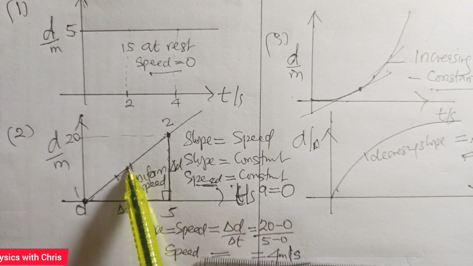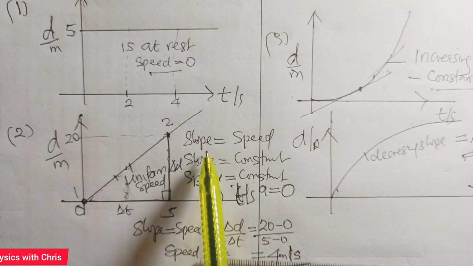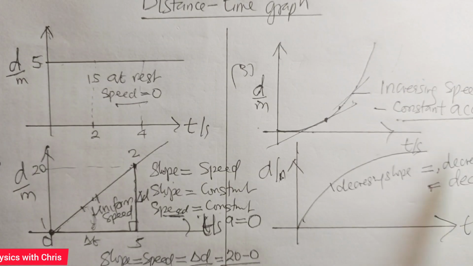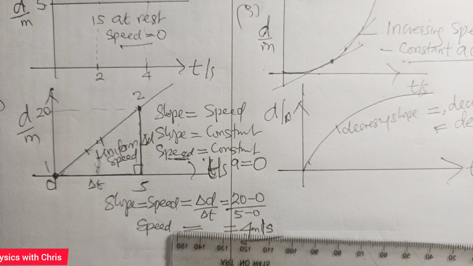So two things: we can look at a distance time graph and interpret it based on the speed and the acceleration. So this is constant speed, zero acceleration. This is increasing speed, constant acceleration, if the speed increases at a uniform rate. And this is the graph of decreasing speed or constant deceleration.